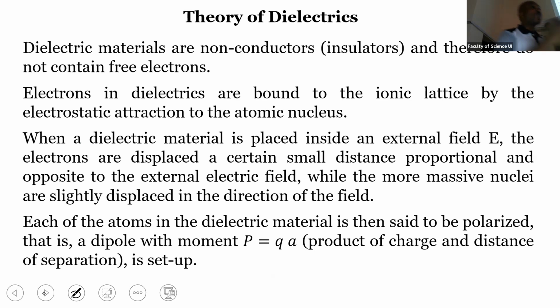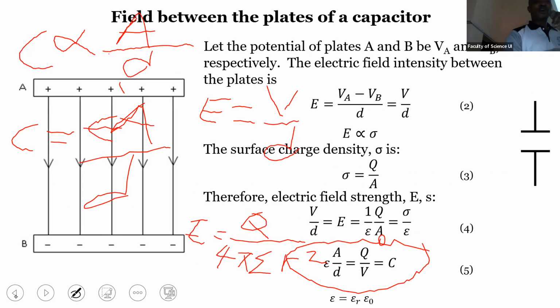So when we have two parallel plates and a voltage is set up between them, just like we had here, and we insert a dielectric material in between this separation, an electric field will also be set up in that insulator. The insulator, just like materials, has protons and electrons.